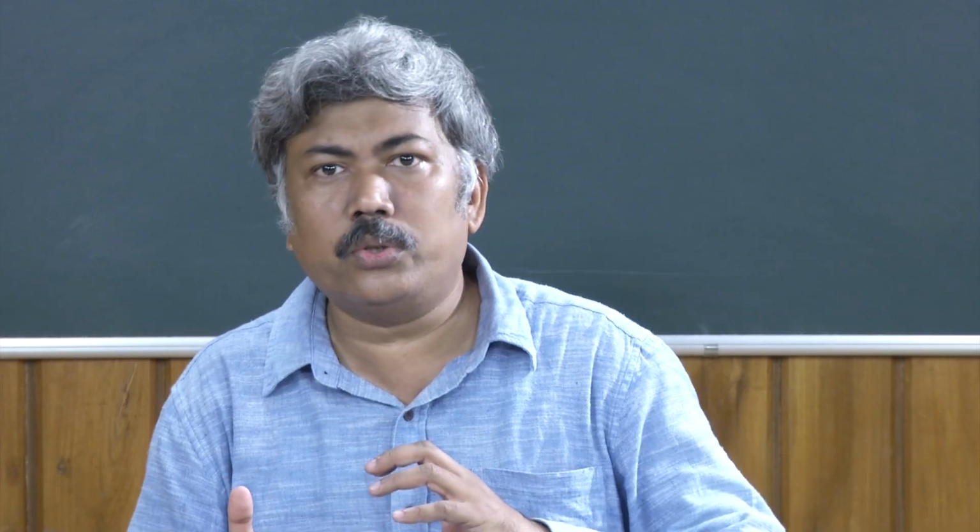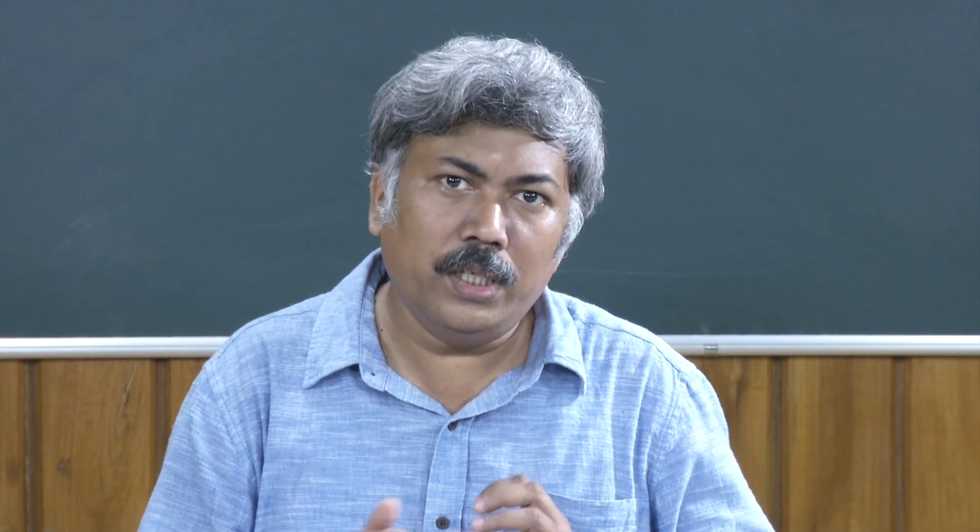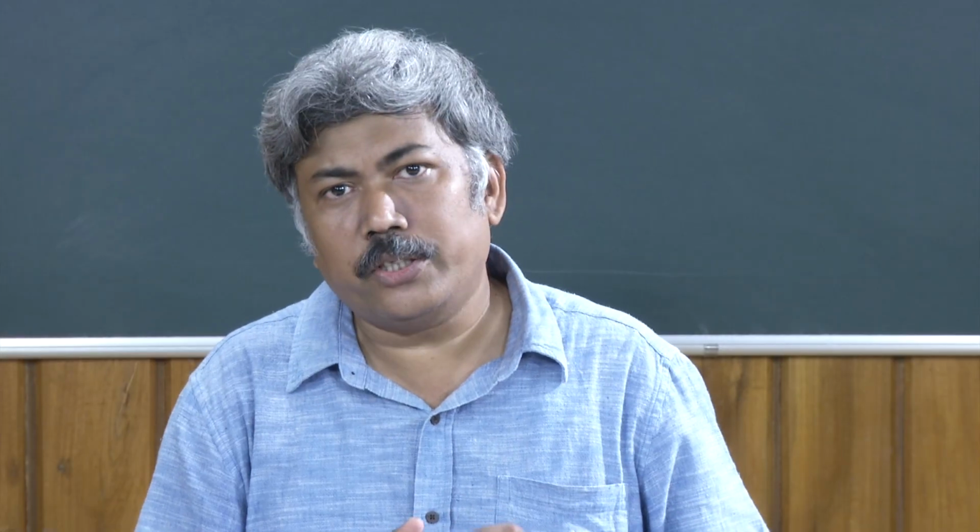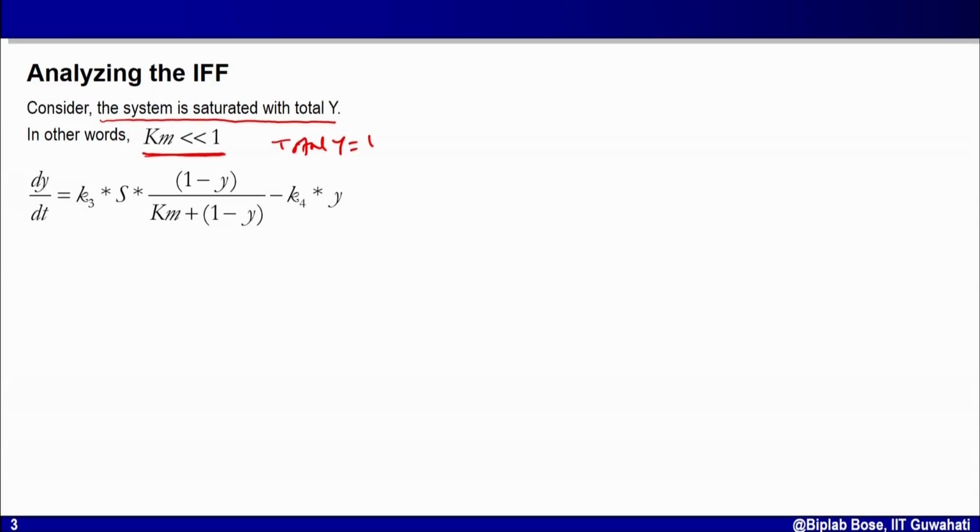In other words, that means the Km with respect to total y is very small. So here the total y is equal to 1. That's why Km has to be much smaller than 1. So if this is the situation, and that can happen in many cellular systems, then I can rewrite the second ODE for y. This is the second ODE for y.